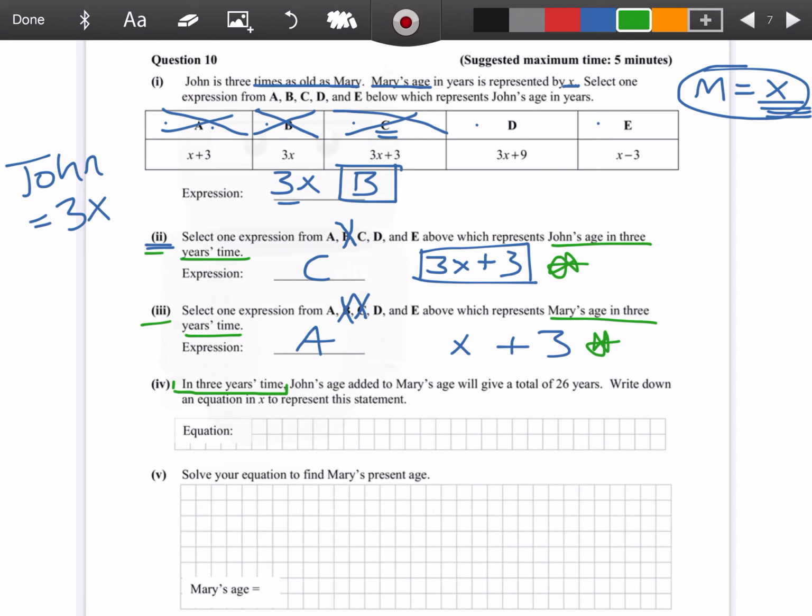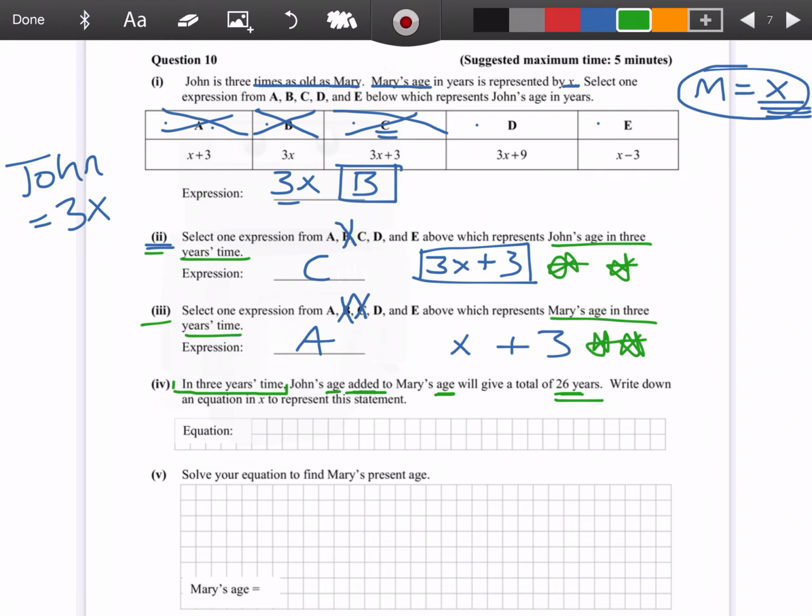It's telling me in 3 years' time, John's age added to Mary's age will give us 26, okay? So I want to use this one, which represents John's age in 3 years' time. I want to use this one, which represents Mary's age in 3 years' time. If I add them, then they will give me a total of 26.